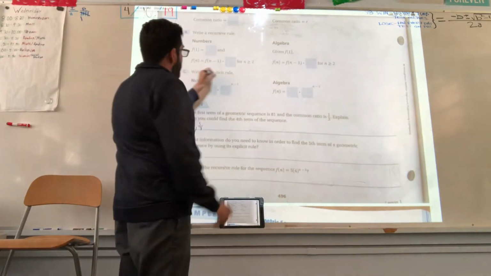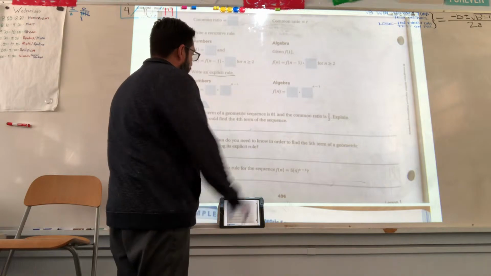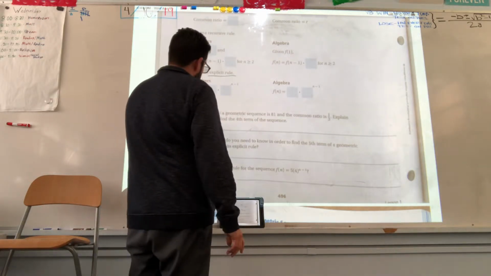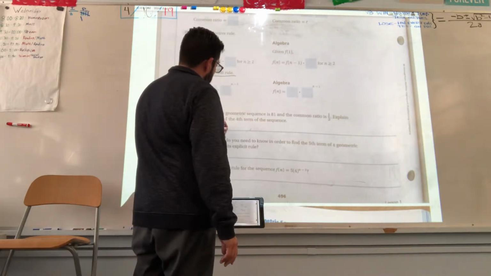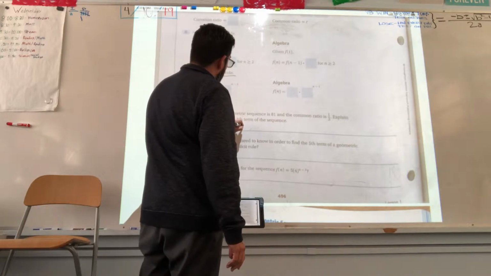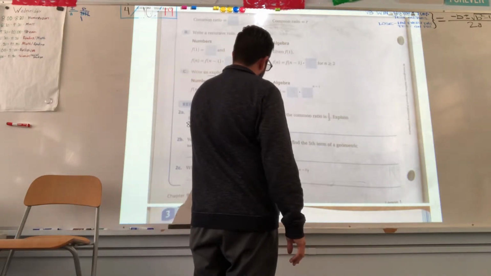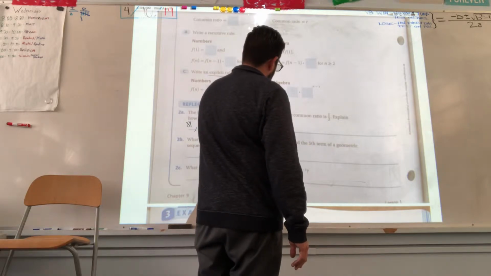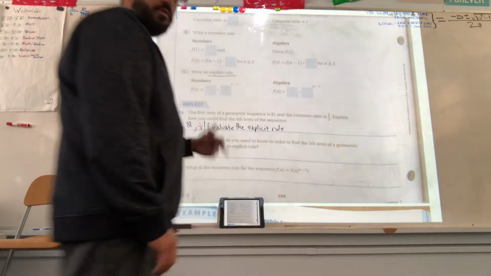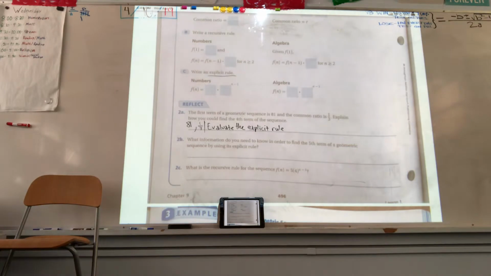That's what we're looking for. So how can we find the fourth term? We can evaluate the explicit rule. And then when we have the explicit rule, all we need to do is multiply it out.